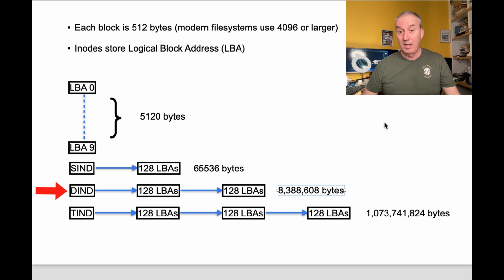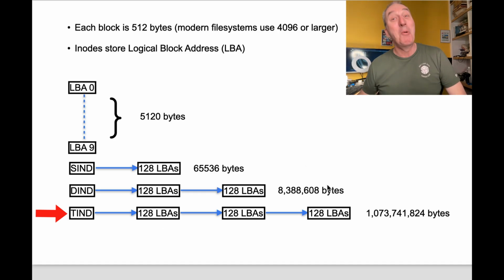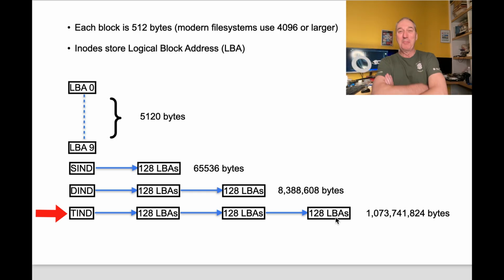And if it's bigger than 8 megabytes, which again, for the time that this particular file system is from, would be unusual, as we didn't have files that were much bigger than that, then the last one is a triple indirection. That is 128 logical block addresses that point to 128 logical block addresses, which point to 128 logical block addresses, which gives you an addressable range of 1 gigabyte.